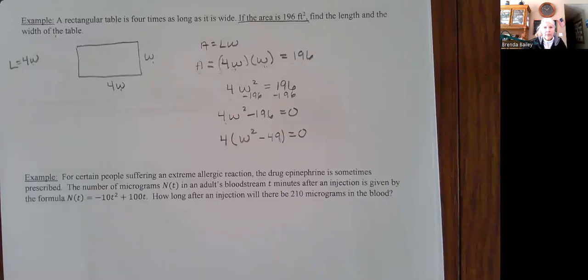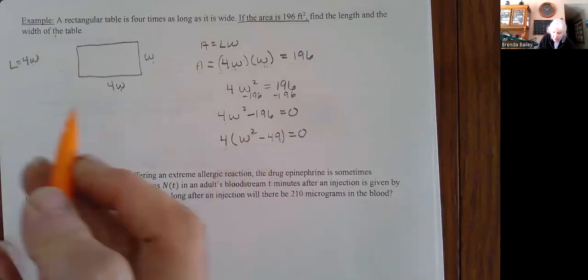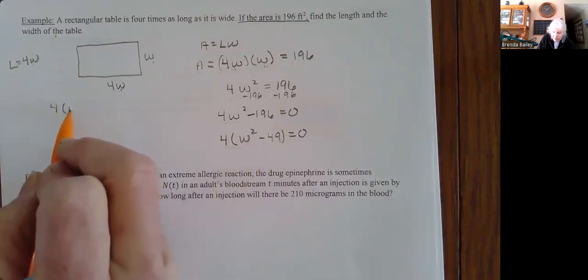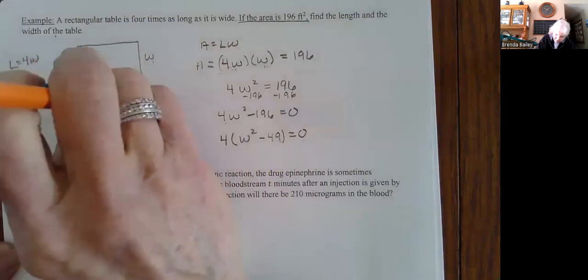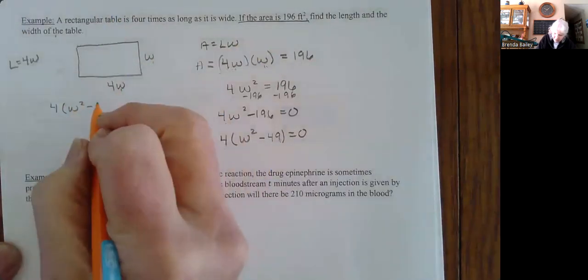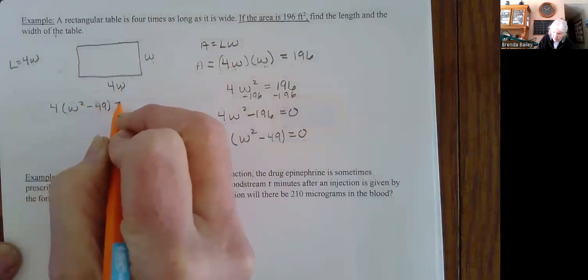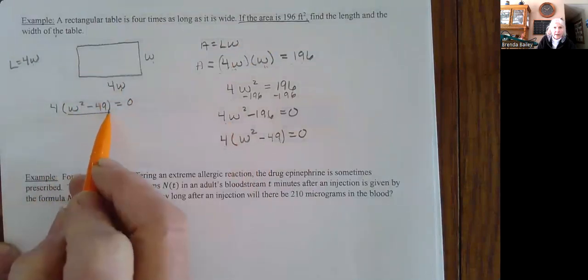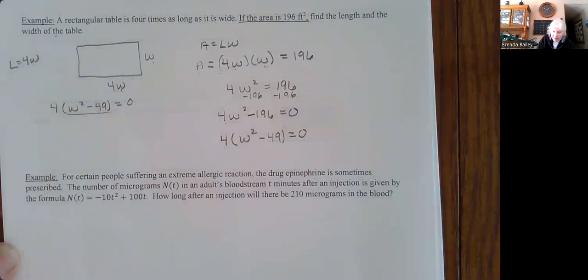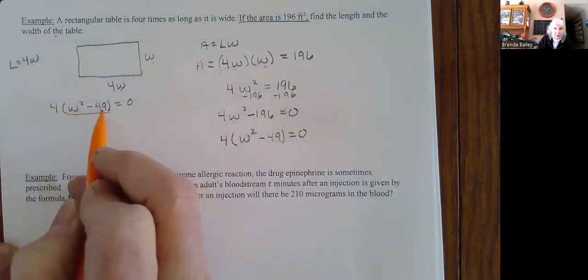Now that we have the greatest common factor, I'm going to move it over here. Oops, forgot the 4. Equals 0. We factor this right here. It's a difference of two squares.